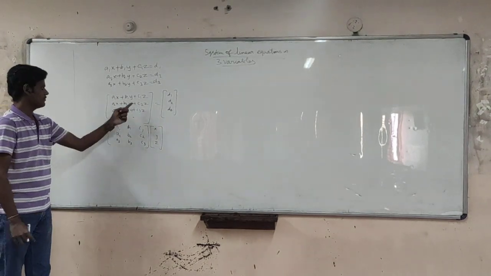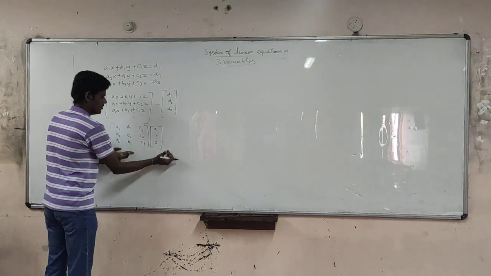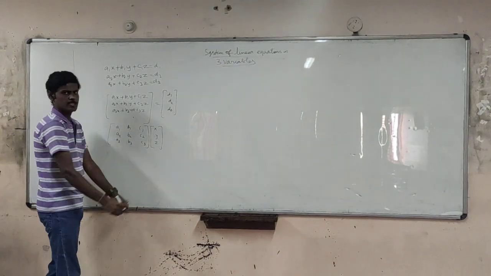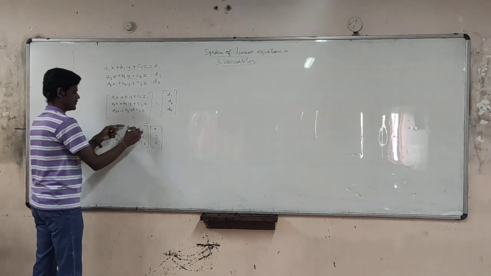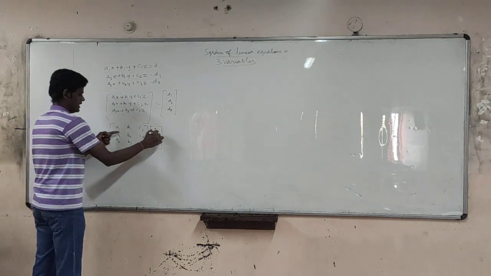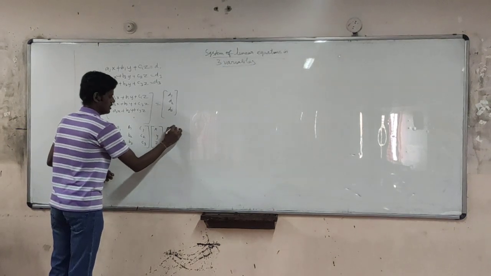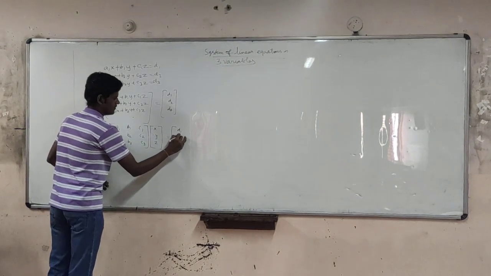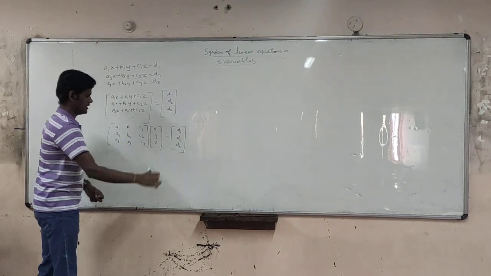Now see, this is 3 by 1 matrix and here 3 by 3 into 3 by 1. So result is 3 by 1. When you multiply, you get this value. Right? a1x plus b1y plus c1z first. Similarly, a2x, b2y plus c2z. So I am splitting this into 2 and I am writing this as d1, d2 and d3.